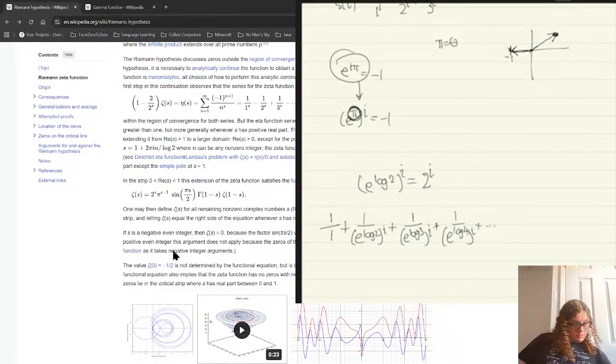So what we're looking at actually is a sum of specific points on this circle.